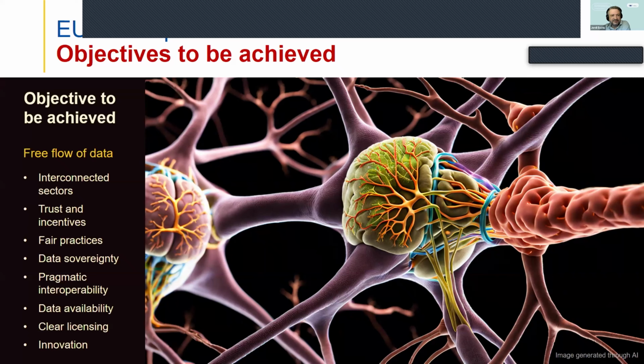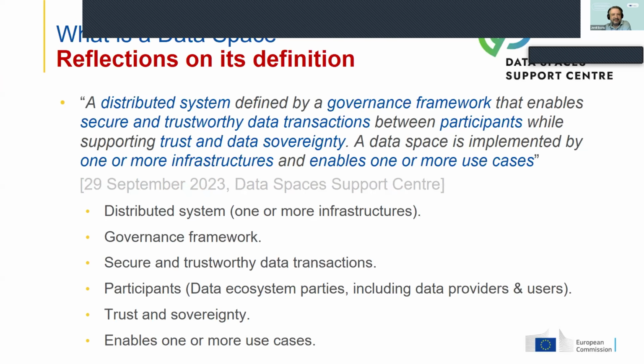So it's interesting, I think, to look a bit at the definition of data spaces. I took one of the simplest ones, in my view, which is the one provided in 2023 by the Data Spaces Support Centre, and they describe a data space as a distributed system defined by a governance framework that enables secure and trustworthy data transactions.